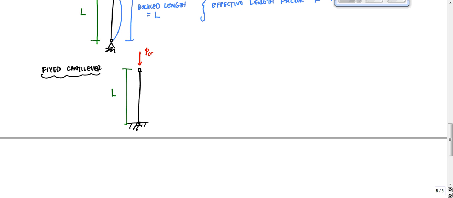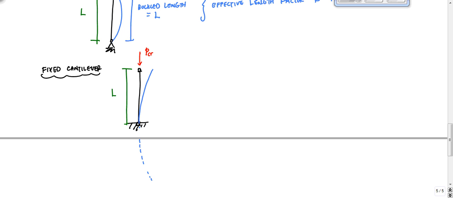It goes like this. This is my buckled shape here. I had to complete the curve, if you will, so the rest of it would be like this right here.